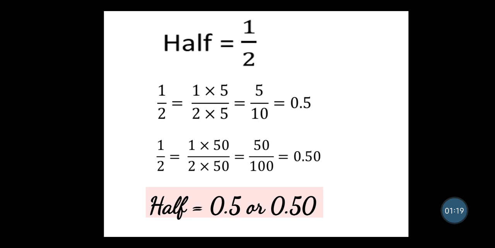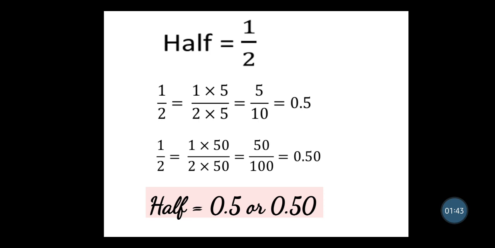So, here you can divide 10 by 2. When you divide 10 by 2, you get 5. So, when you multiply 2 into 5, you will get the denominator as 10. If you are multiplying the denominator by 5, you are supposed to multiply the numerator also.